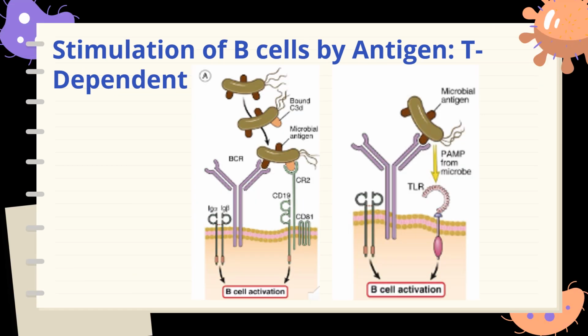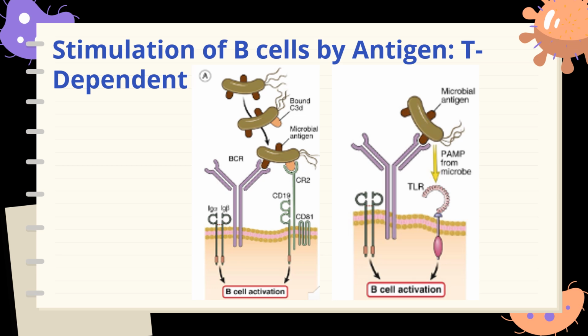Stimulation of B cells by antigen, T-independent. These are non-protein antigens like polysaccharides and lipids which activate B cells without the help of T cells. These antigens have repetitive epitopes, which allows for direct BCR cross-linking and strong activation. CR2, being attached to a complex of proteins, is involved in delivering the activating signals to the B cell.